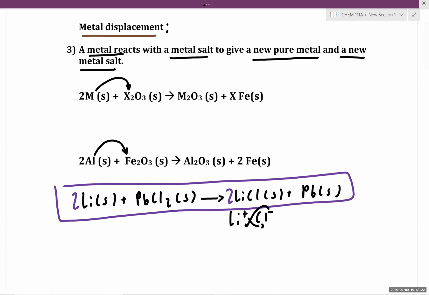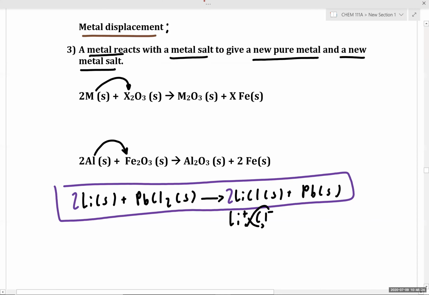Now, one thing that I want us to pay attention to here: is this reaction a redox reaction?